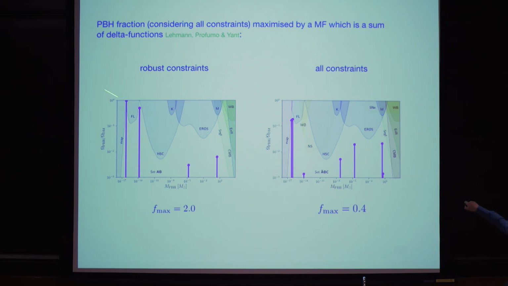And in this case, with some big delta functions down here at very light masses designed to fit in the gaps between the constraints, and some smaller delta functions out here, you could actually quite happily have twice the expected amount of dark matter in your black holes. However, if you start adding in all of the constraints, your best case scenario is this series of delta functions, and even then, even with something this contrived, you could only have about 40% of the dark matter in black holes.